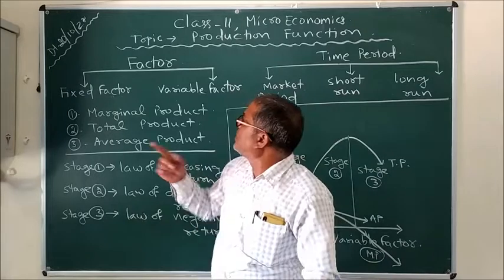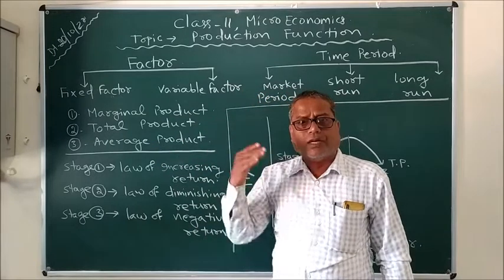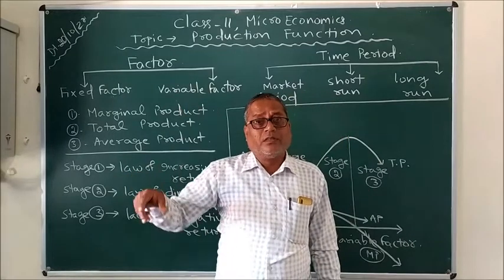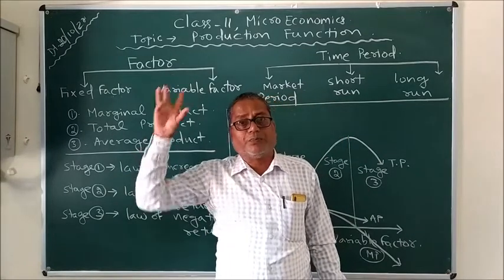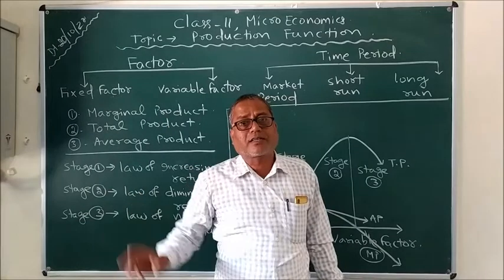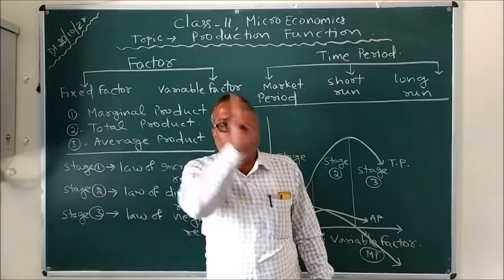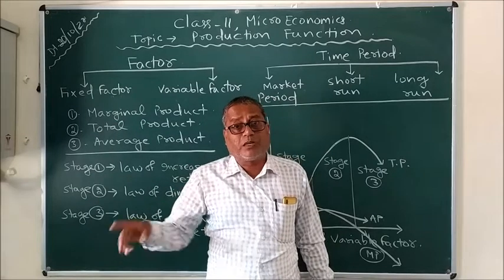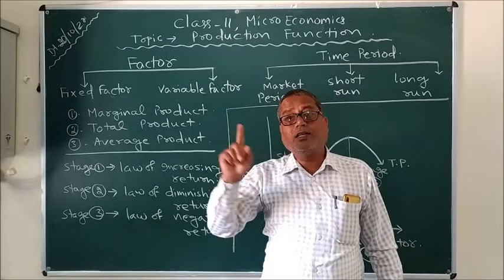And why is this called the law of variable proportion? Because here the proportion, that is the ratio between fixed and variable factor, changes. In the first case it was one fixed and one variable, that is 1:1. In the second case it was one fixed factor and two variable factors, that is 1:2.